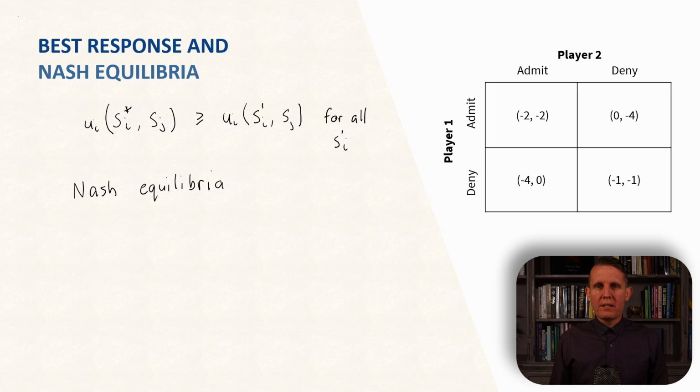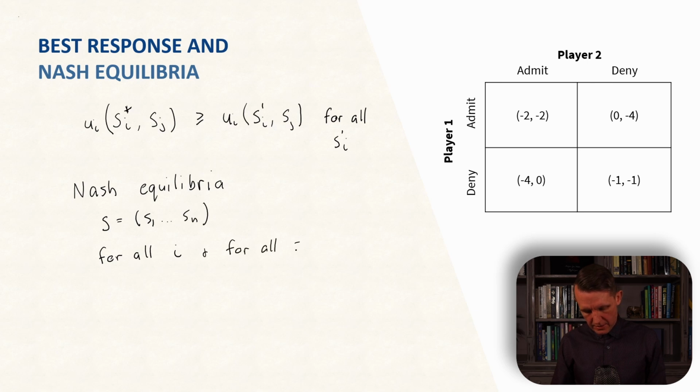We say that the strategy profile S is a Nash equilibrium if for all agents I, and for all strategies SI in this strategy profile, SI is a best response.